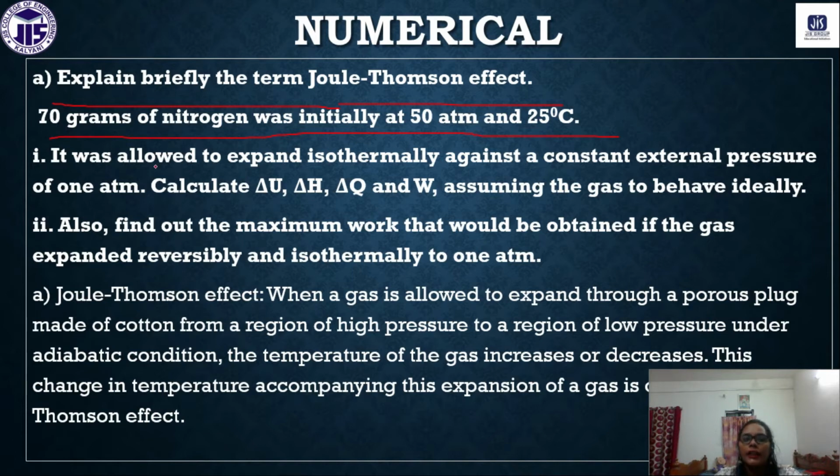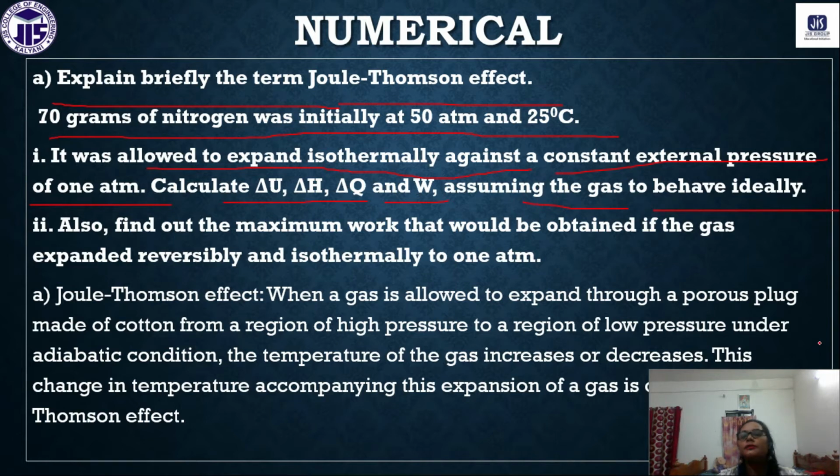Now it was allowed to expand isothermally against a constant external pressure of 1 atmosphere. Calculate delta E, the internal energy, delta H, the enthalpy, Q, the heat of the reaction, and W, the work, assuming the gas to behave ideally.